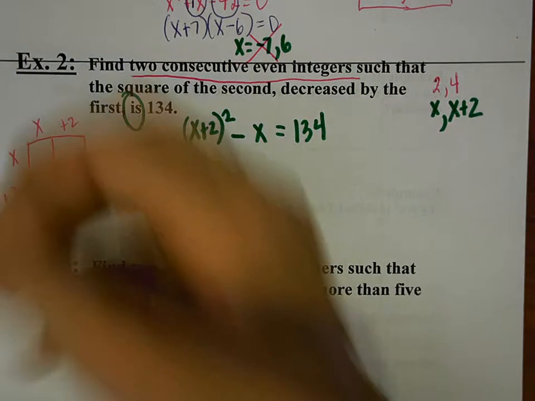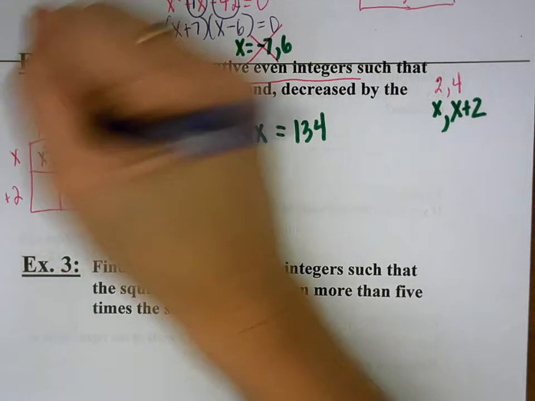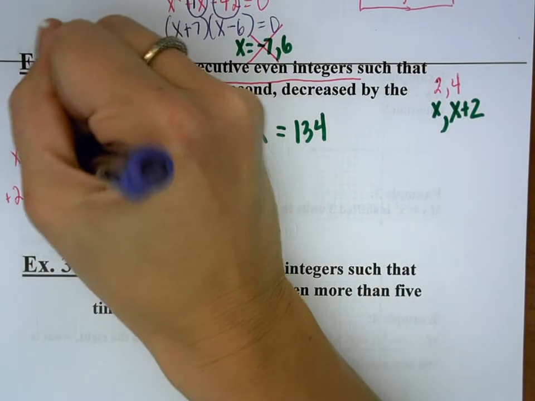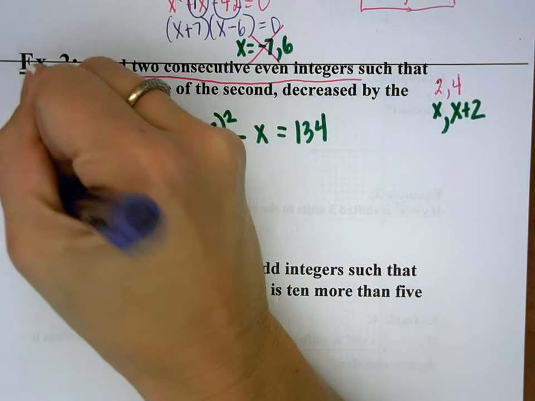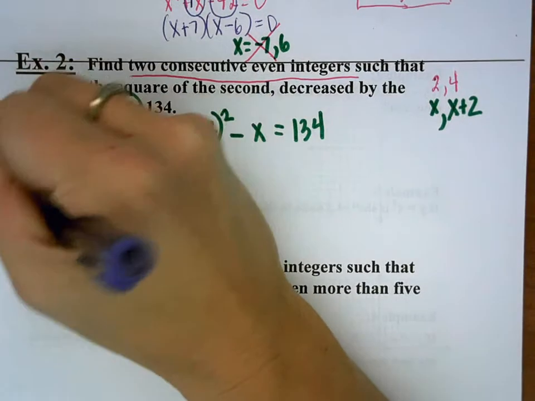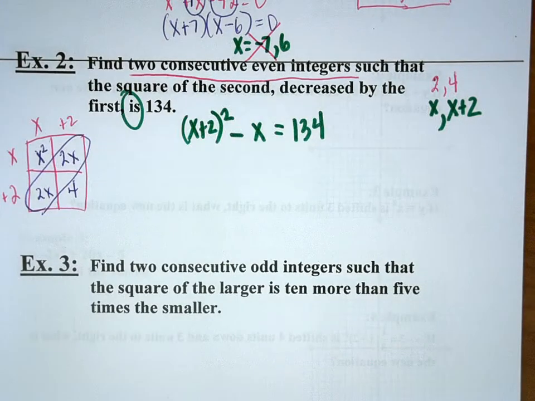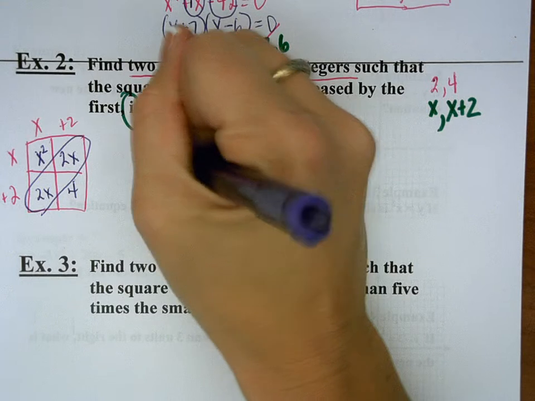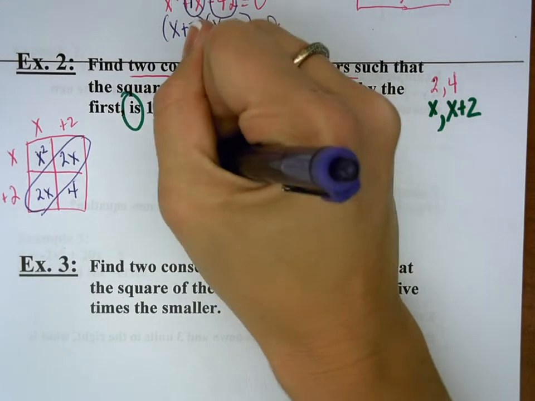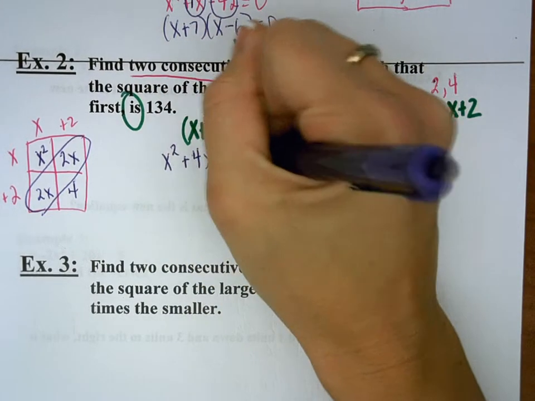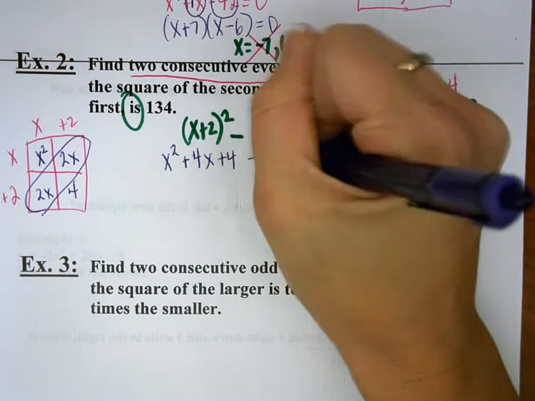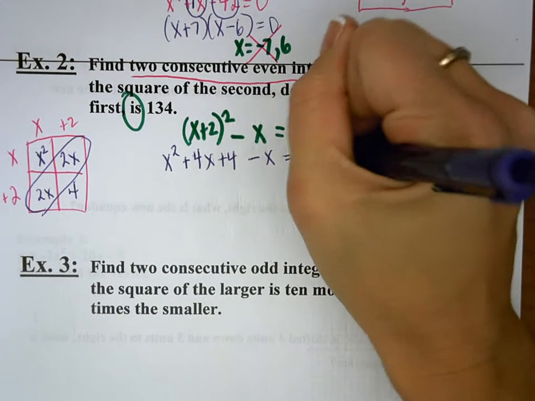When we multiply there, x times x is x squared. x times 2 is 2x. 2 times x is 2x, and 2 times 2 is 4. So that ends up multiplying out to be x squared plus 4x plus 4, and then I still have minus x equals 134.